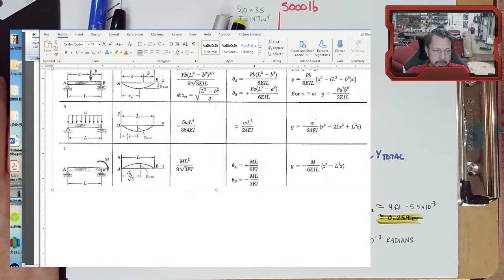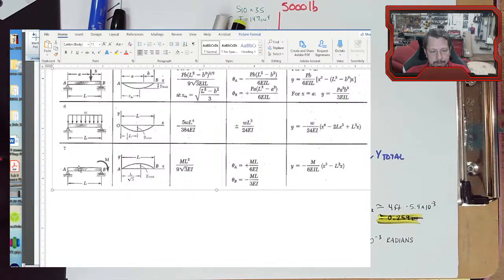So in here, this distance to the maximum deflection is measured from the end that does not have the concentrated moment. So if you had a beam like this, but the concentrated moment was at this end A, then this equation L over square root of 3 would be measuring from point B over to that location.